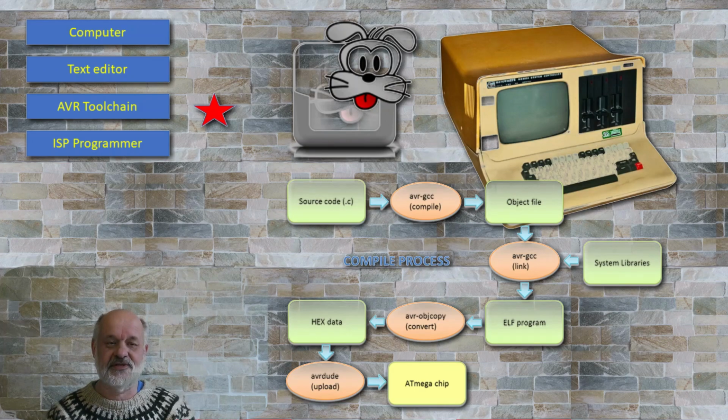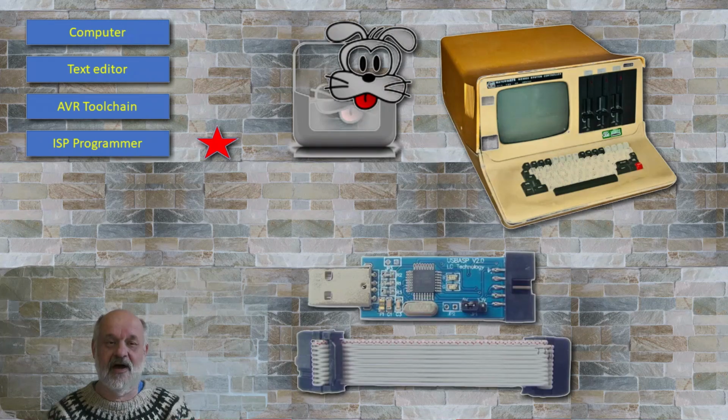Of course, you need something between your computer and this printed circuit board. And the thing you are going to need, you should search the internet, is called AVR ISP, AVRISP.